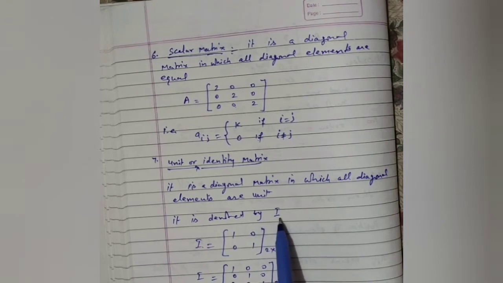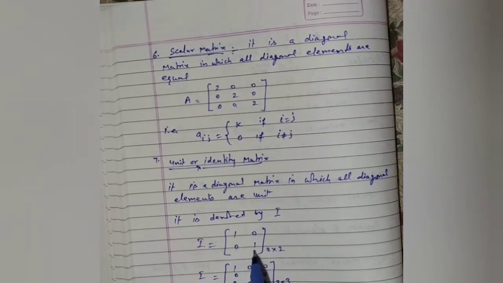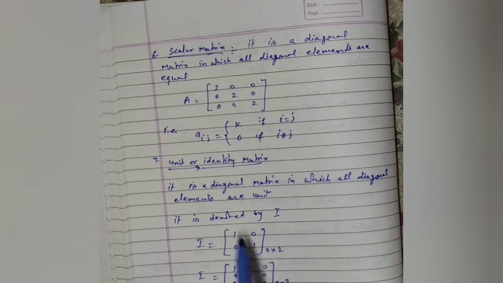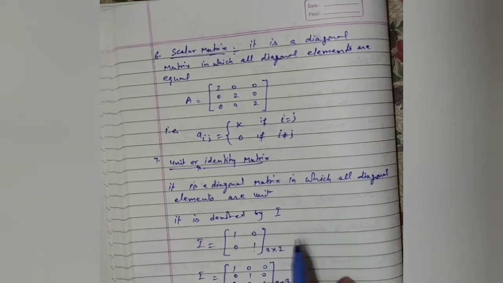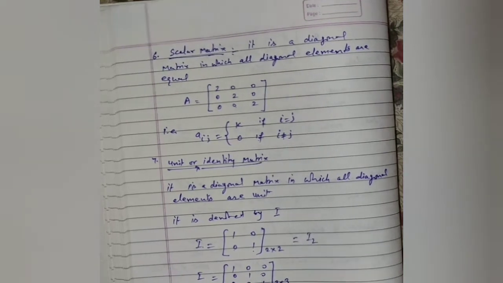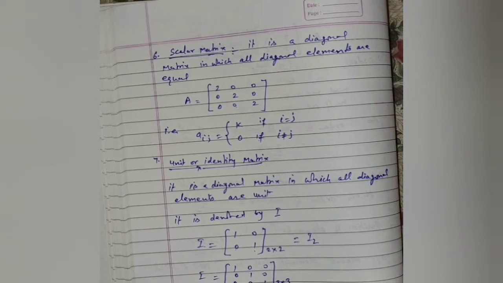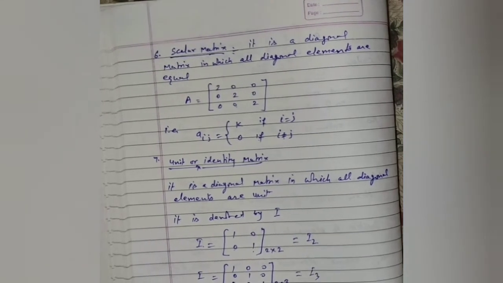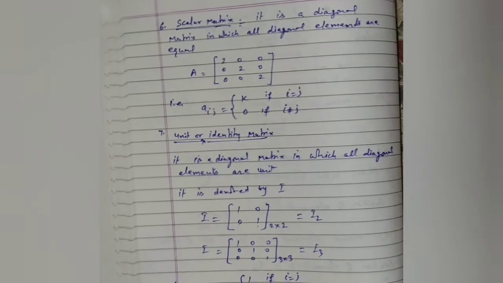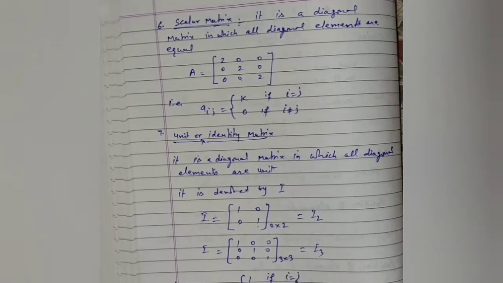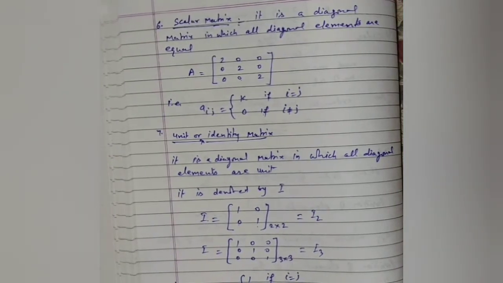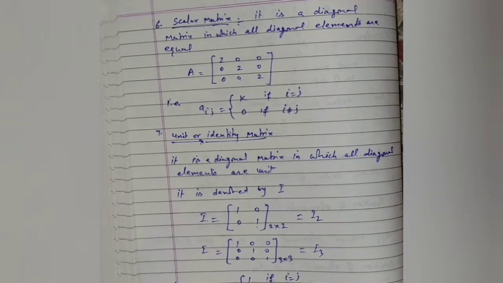It is denoted by I. 1 0 0 1: all diagonal elements are 1, so it is an identity matrix of order 2 by 2, also written as I2. 1 0 0, 0 1 0, 0 0 1: all diagonal elements are 1, so it is an identity matrix of order 3 by 3, also written as I3. That is, aij is equal to 1 if i is equal to j for diagonal elements, and 0 if i is not equal to j for non-diagonal elements.